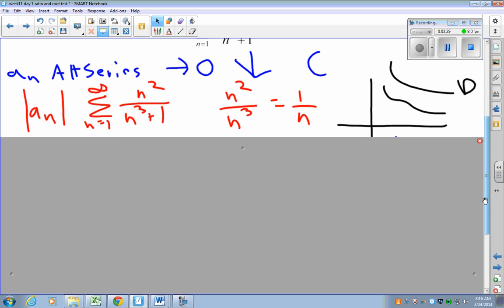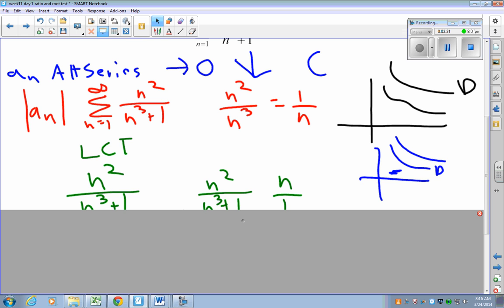Look over here at the right, just for a little reminder for you guys. The limit comparison test versus the direct comparison test. You do the direct comparison test. This black picture over here on the right is talking about if I have a divergent series and below it I have a guy, what does that mean? Can it be convergent or can it be divergent?